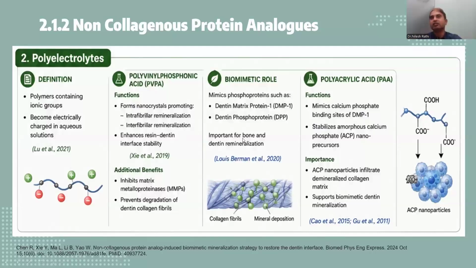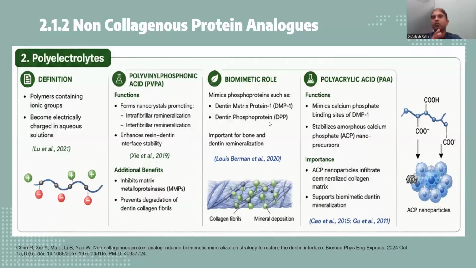When this addition of calcium and phosphate occurs in the intrafibrillar and interfibrillar areas, it helps us to mimic dentin matrix protein 1 and dentin phosphoprotein.